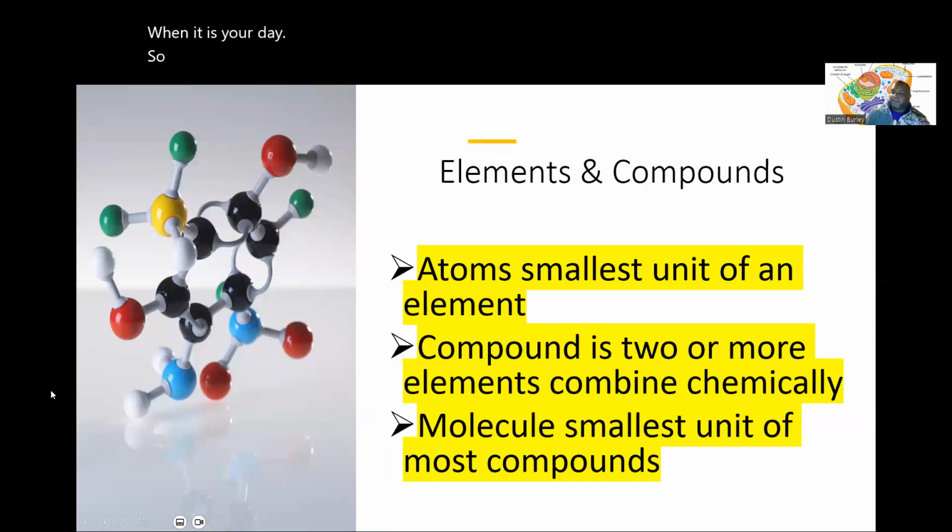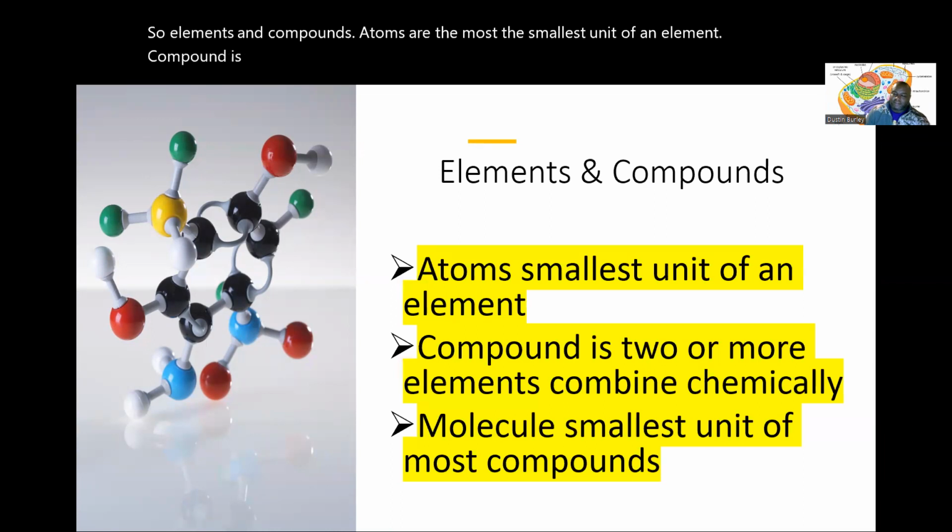So, elements and compounds. Atoms are the smallest unit of an element. A compound is two or more elements combined chemically, and molecules are the smallest unit of most compounds.